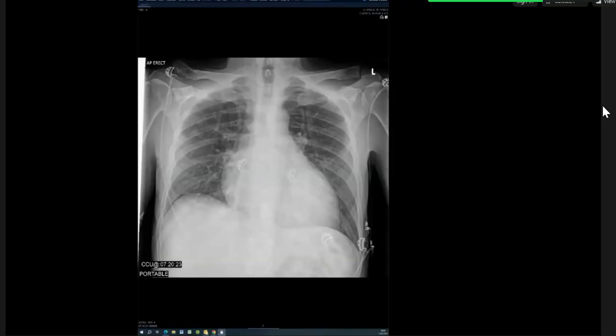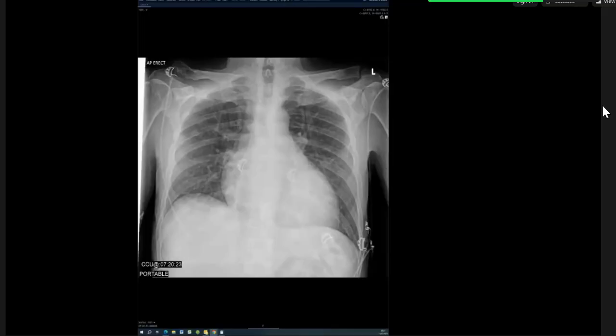Shortness of breath. I'm presented with a frontal radiograph of the chest. Although this is an AP erect film, I think the patient does have a degree of cardiomegaly.